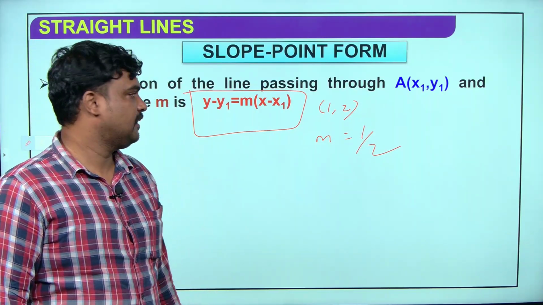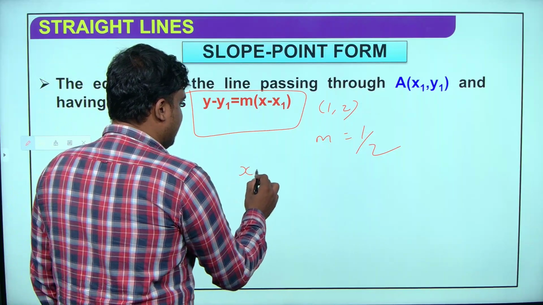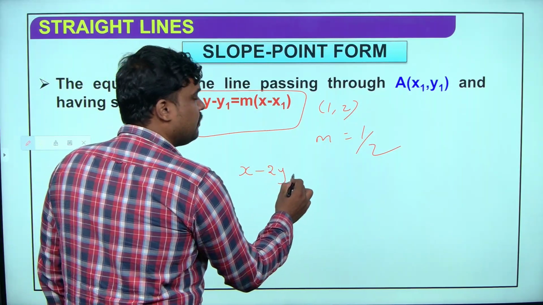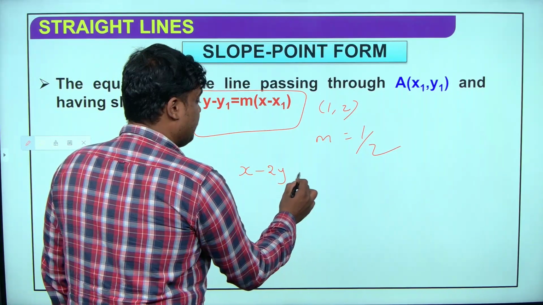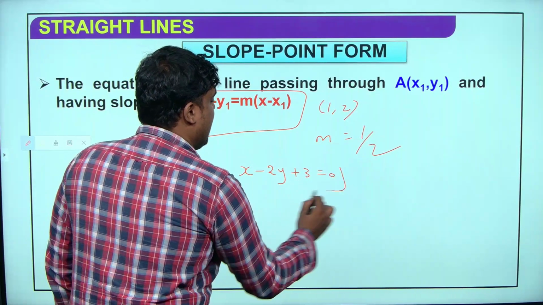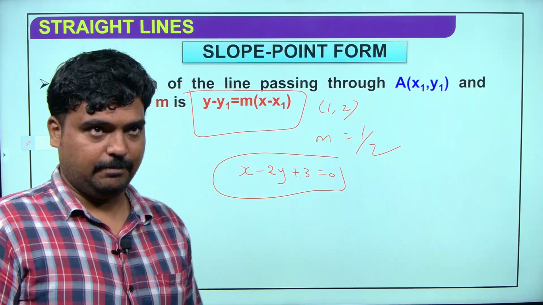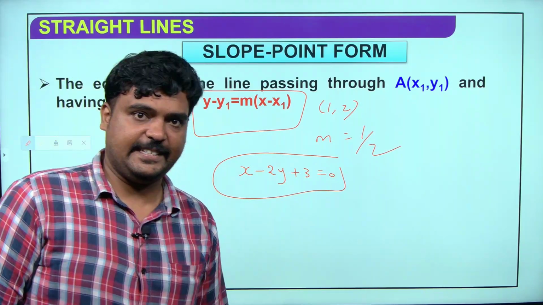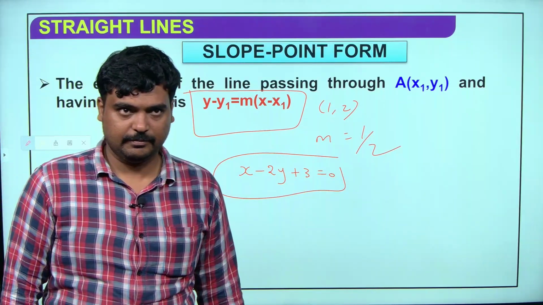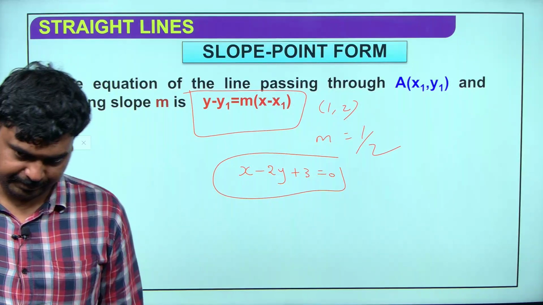x minus 2y plus 3 equal to 0. Yeah, Aditya Raj, have you got the same answer? Make it fast.